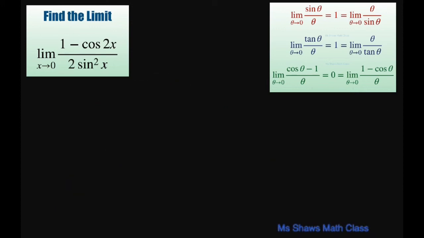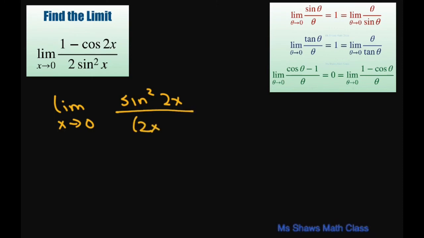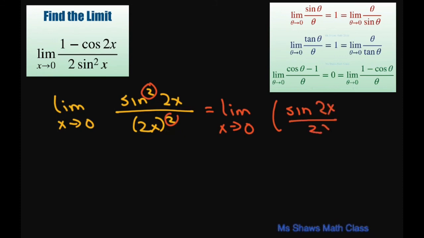We're going to have the limit as x approaches 0 of sine squared of 2x divided by (2x) squared. Since these are both squares, I can now write it as the limit as x approaches 0 of (sine of 2x divided by 2x) squared.